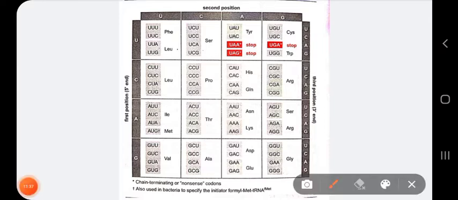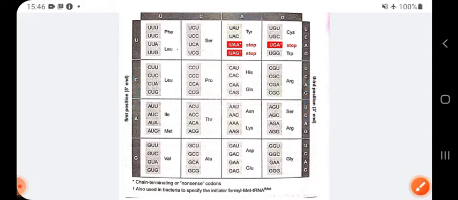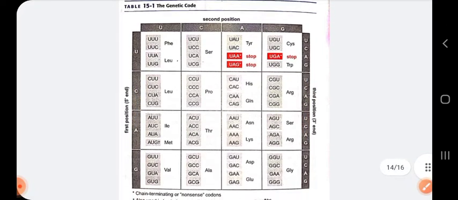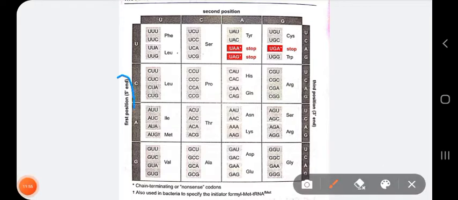Let us see. Look at this. It is written here first position, here second position, and here third position. So what does it mean? The first position is the first letter of the codon, the second position is the second letter of the codon, and the third position is the third letter of the codon.